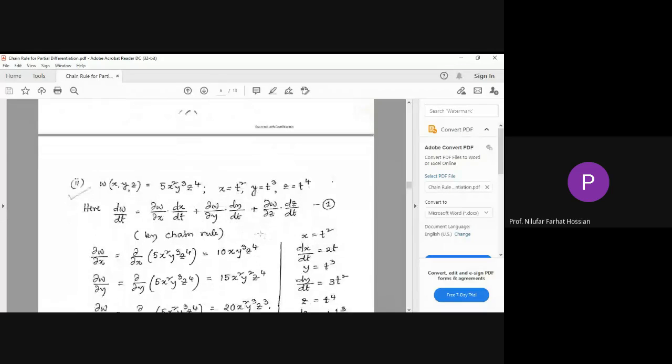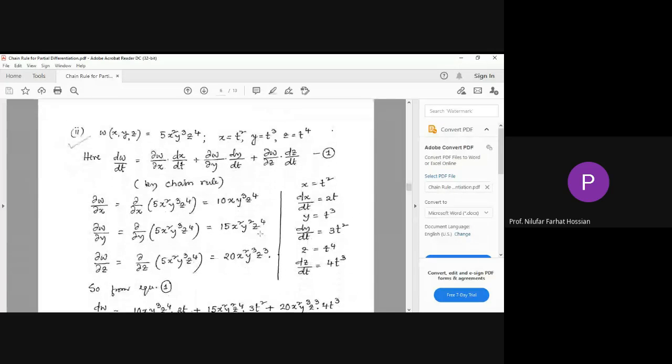In this page, this was our math. So by chain rule, dw by dt will be equal to del w by del x into dx by dt plus del w by del y into dy by dt plus del w by del z into dz by dt. So this is the expression for dw by dt.